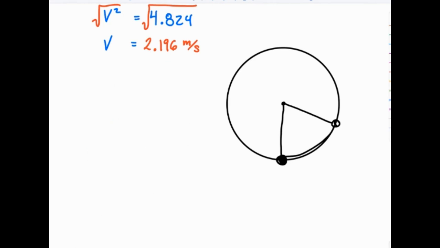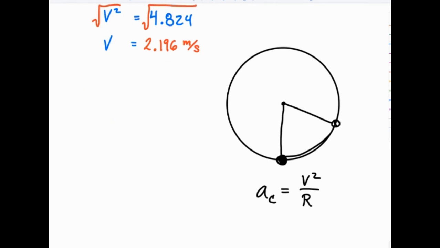And so if you remember, an object going in a circle experiences the acceleration to go in a circle, which is v squared over r. So we are going to need to do a force diagram in order to determine our tension in the string.